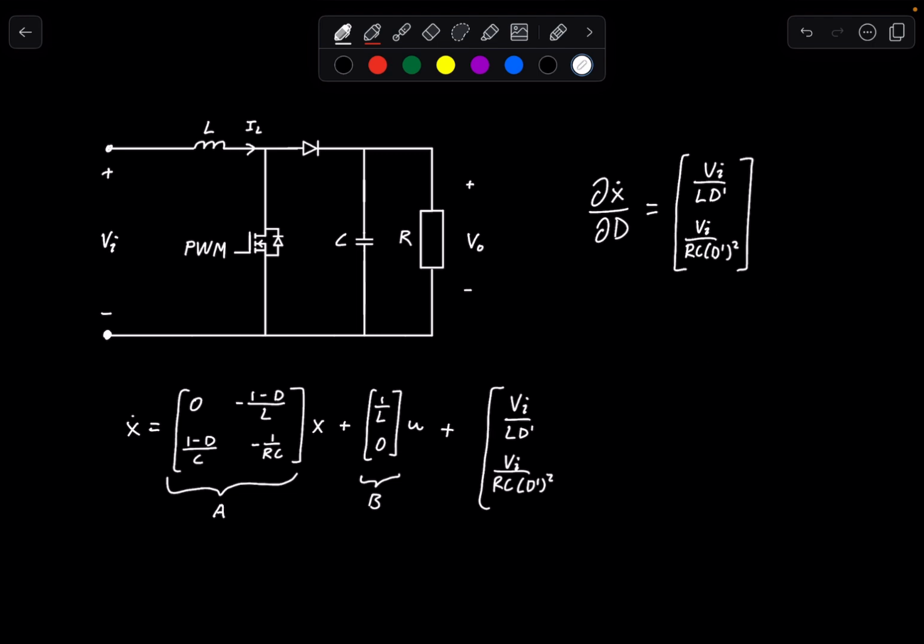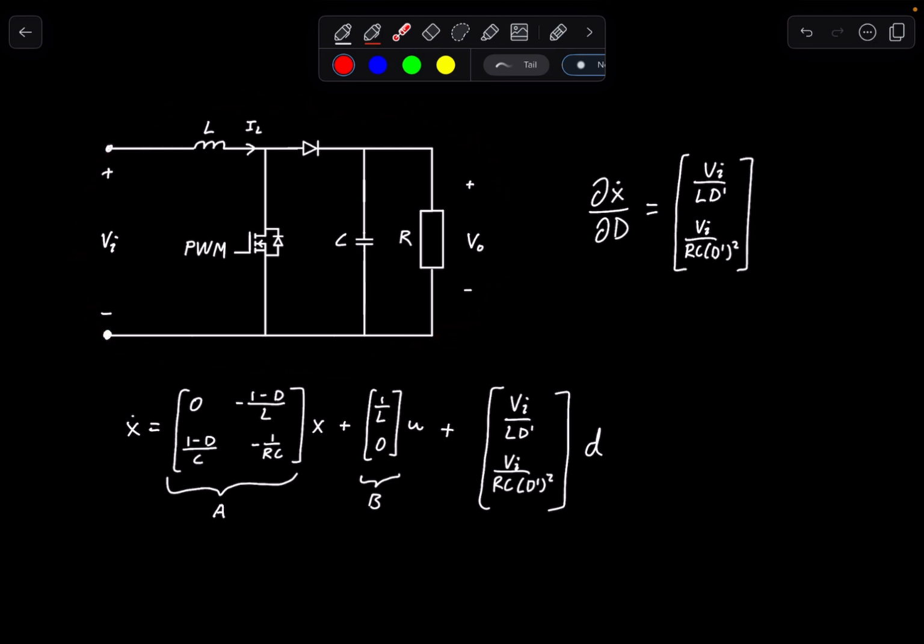So this is the matrix. And then we multiply by the real-time duty cycle. And the D here is the D in the equilibrium point of the state space model. So the D we find by using the gain of the boost converter.